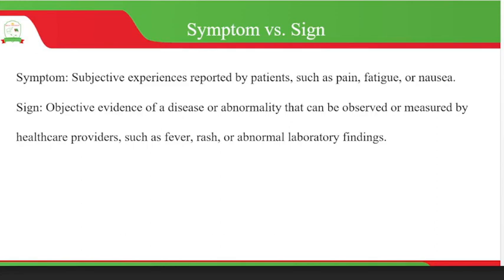So we also have a sign. A sign is an objective evidence of a disease or abnormality that can be observed or measured by healthcare providers. Someone will tell you that they have a skin rash on their body, something different that they have not had before.